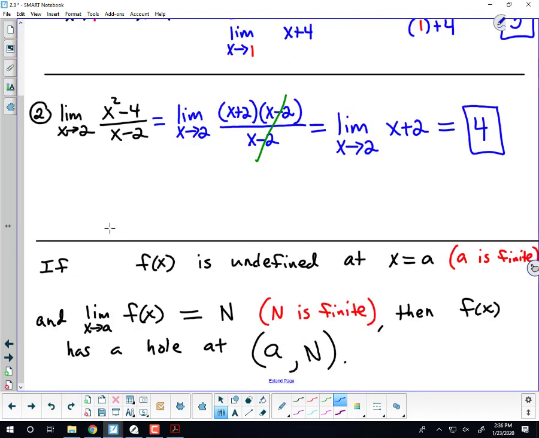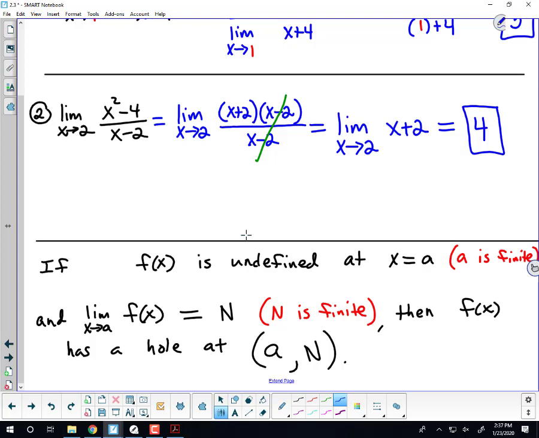So what I have here is just a general statement. It doesn't necessarily have to be a rational function, but if the function sitting out in front of the limit is undefined at the value a which x is approaching, but you are getting a finite limit, then that always means you've got a hole there. That's the only other option. If your function's undefined somewhere, but we do have a limit, it has to be a hole, right? There can't be any other thing going on.